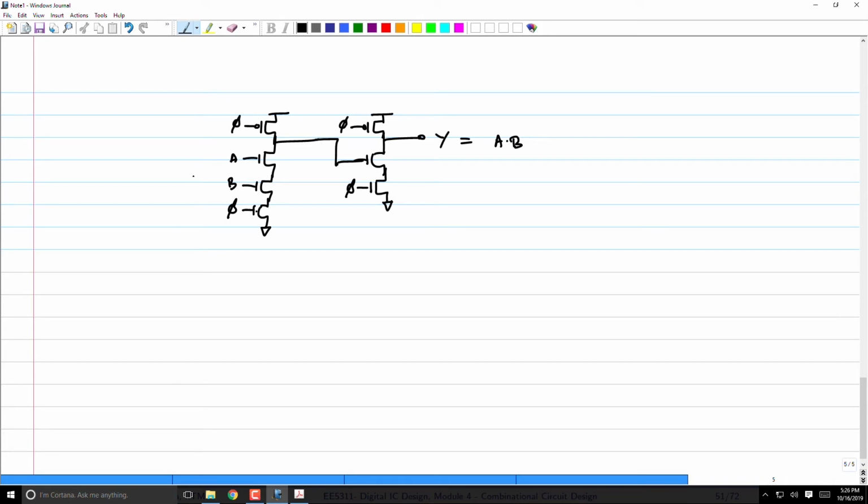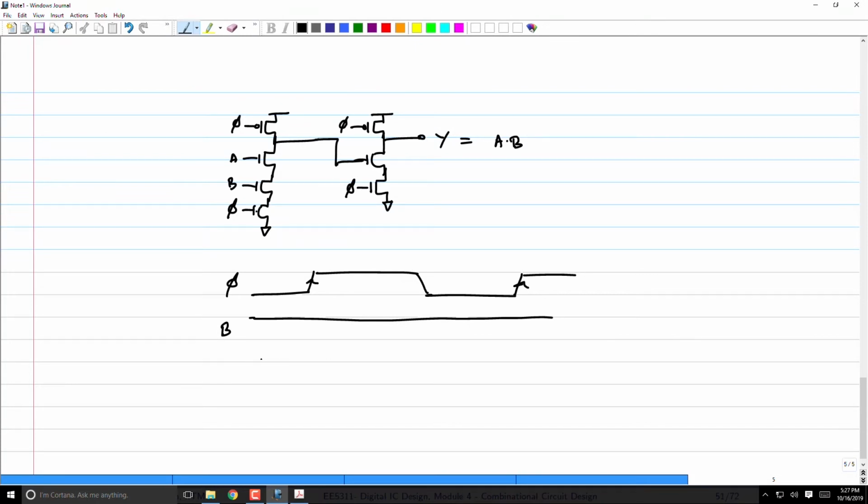Let's say that both A and B, my clock is here. Let's say that for simplicity my input B is high all through, and my input A went high like this.